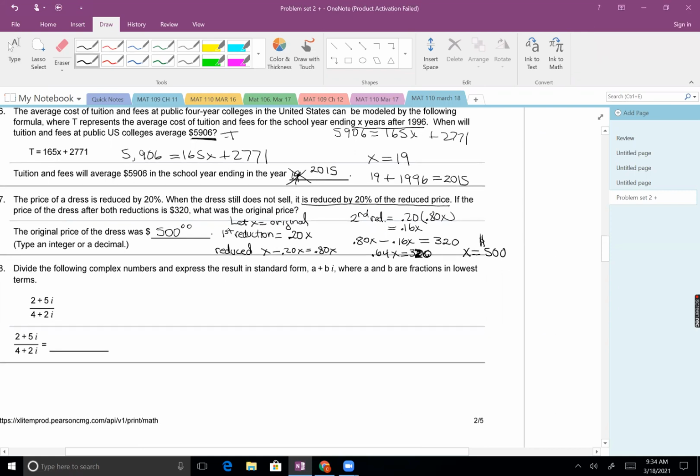And so it's the original price X minus the 20% of X. Are you okay there? Yeah. This X has a coefficient of 1. So if I were to take 1 minus 0.2, wouldn't I get 0.8? Okay, thank you for asking. So in the same way here, when I take the 0.8 times the 0.16, that's when I get the 0.64.